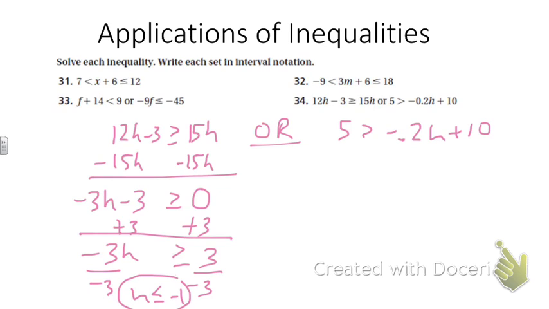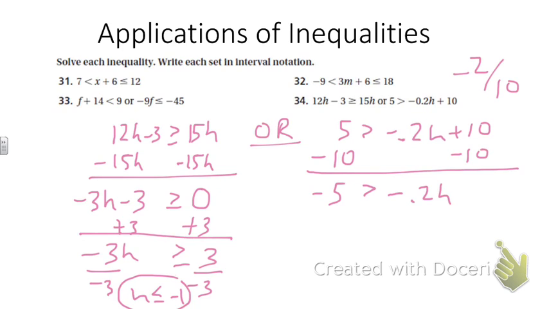Over here, don't be scared because there's a fraction. Negative 5 is greater than negative 0.2h. Some of you thought that was not really a fraction. You said that's a decimal. You can treat it as a fraction, so you could write it as negative 2/10, which is 1/5, so you'd be multiplying by 5.